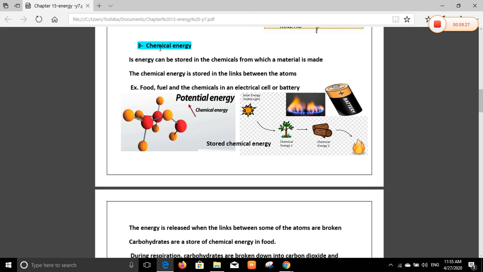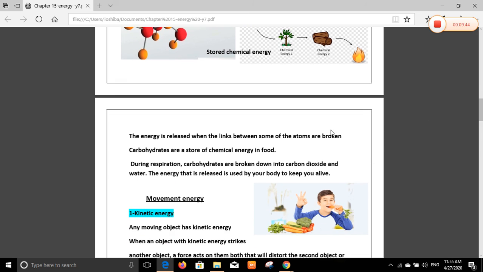So chemical energy is energy stored in the chemicals of the battery, the food, the wood, the plant and so on. The energy is released when the links between some of the atoms are broken.